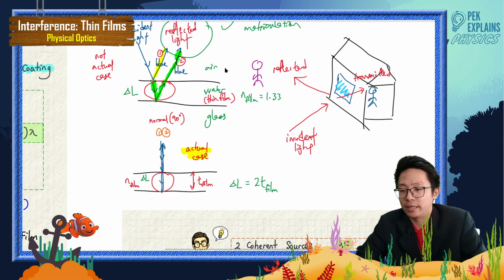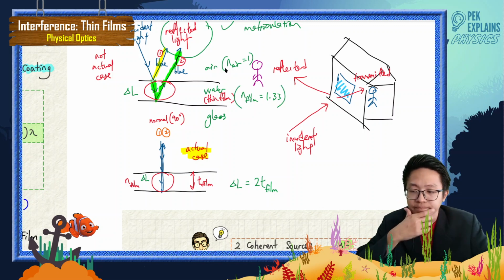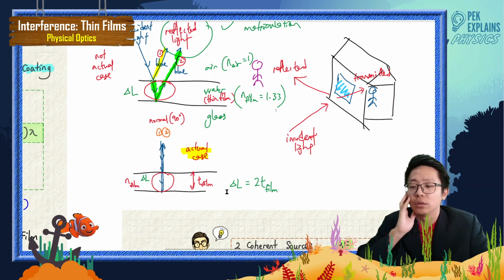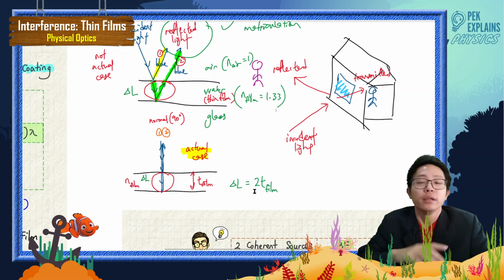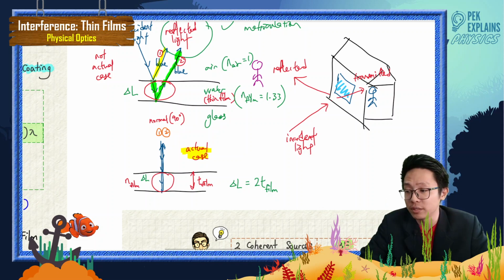If it were air, the refractive index would be equal to 1. But for the water thin film, it is 1.33. So the path difference, delta L, is not just 2 times T. You have to multiply by the refractive index of the film itself.